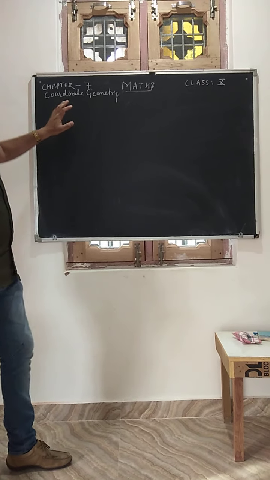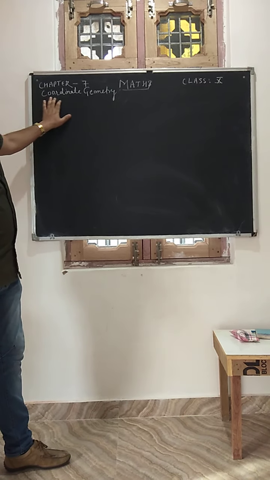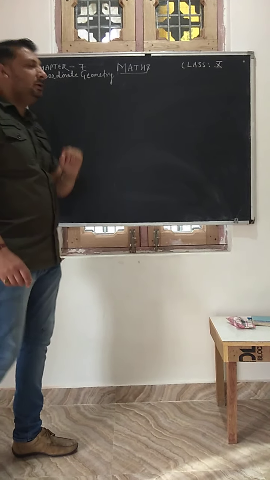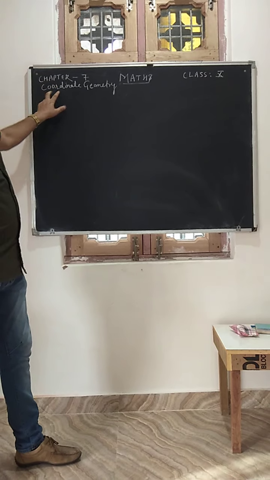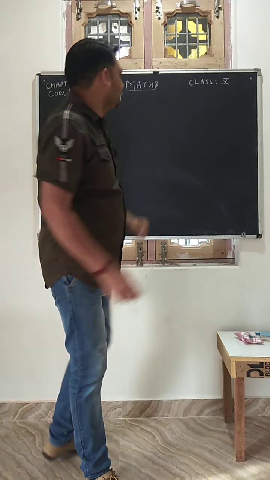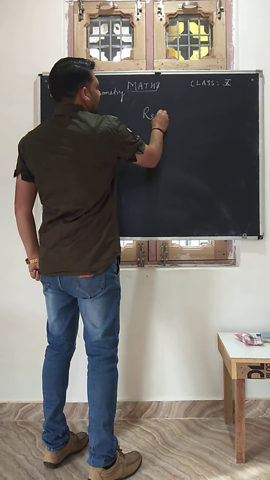Now, first you will try to observe these words. It is coordinate and it is geometry. So first we will discuss coordinate. There was a mathematician whose name was René Descartes.